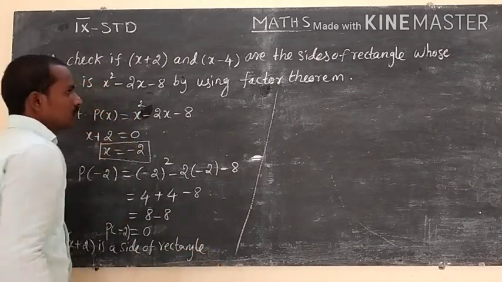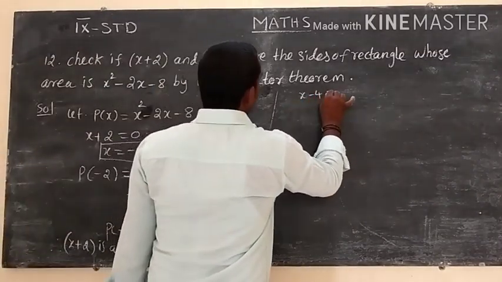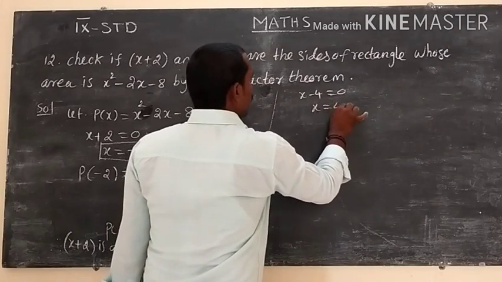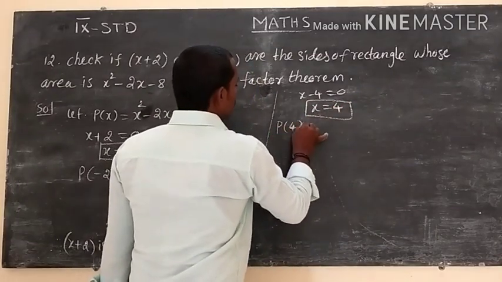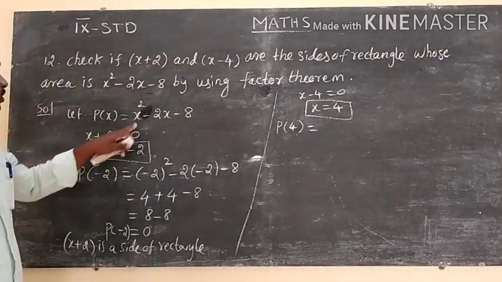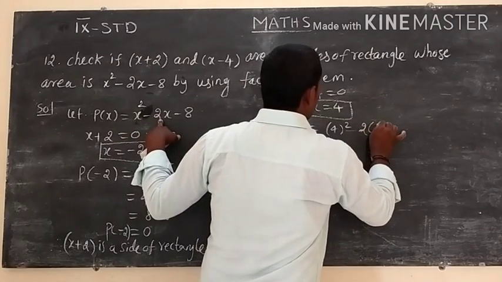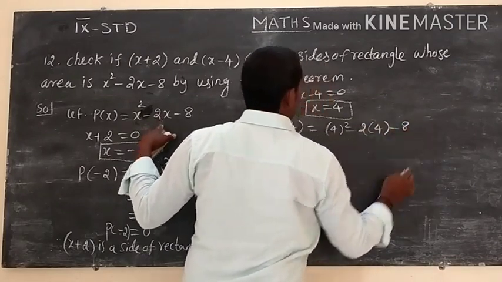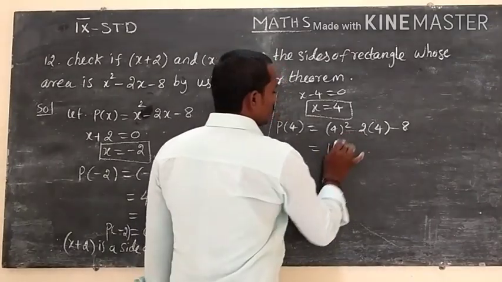Then consider the other factor, x minus 4 equal to 0. So x is equal to 4. Now p of 4 equals 4 square minus 2 into 4 minus 8. So 4 square is 16, 4 fours are 16.